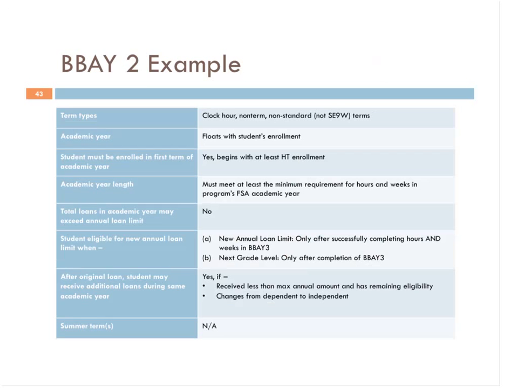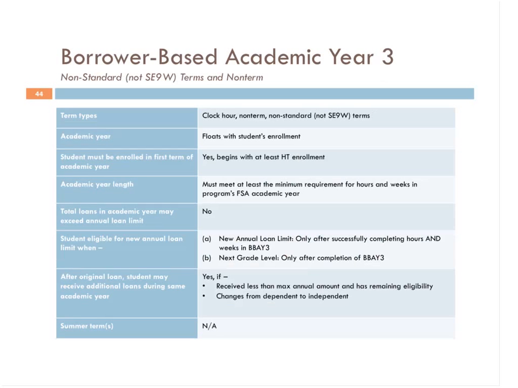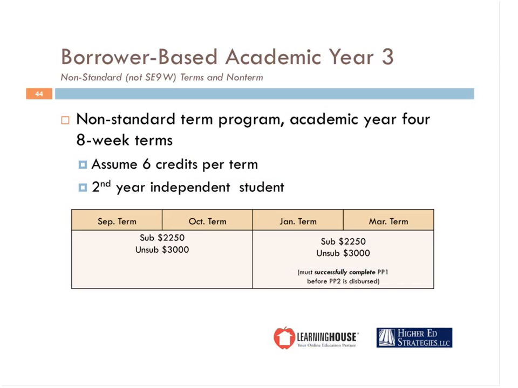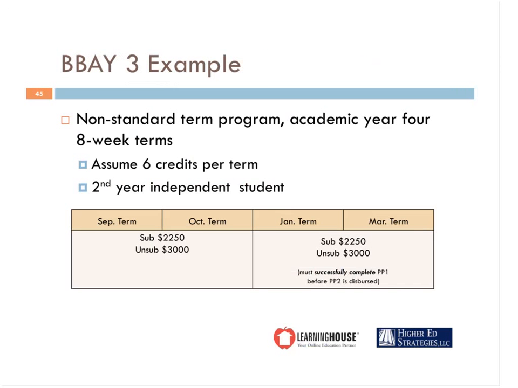Borrow-based academic year 3. Again, borrow-based academic year, it's floating with the student's enrollment. And you can use this chart as a reference. And let's look at the example. If this is a non-standard term program, the academic year is 4 8-week terms. We're going to assume 6 credits per term.